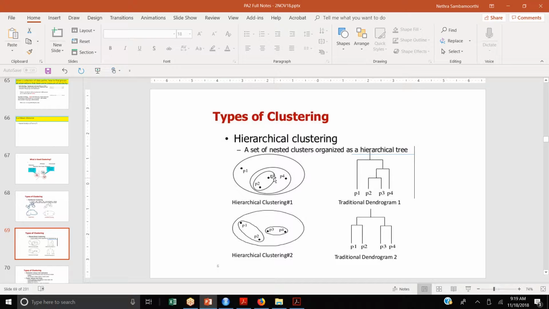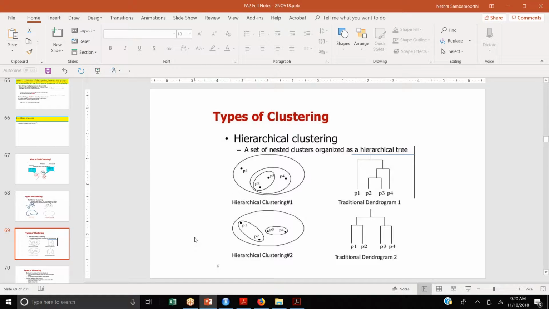What I'm saying is the closest ones are these two. Start there. And then the next closest one to this cluster is this one compared to this one. Once you have this cluster of 3 observations identified in a sequential process, what we call a hierarchical process, then finally P1 is considered as part of the whole cluster.